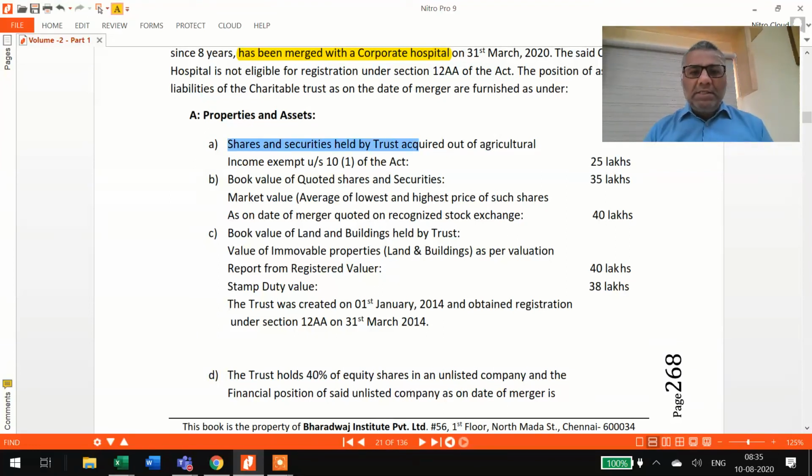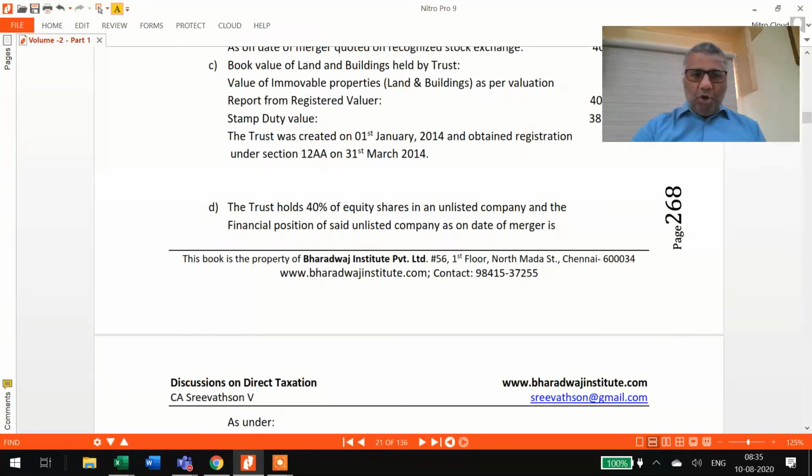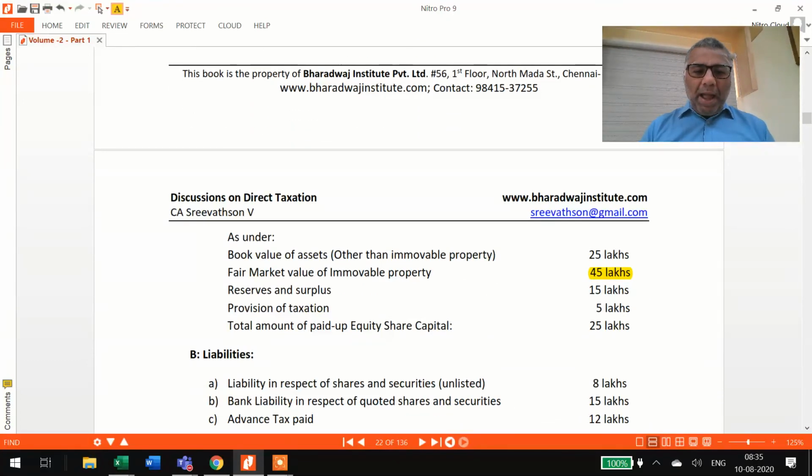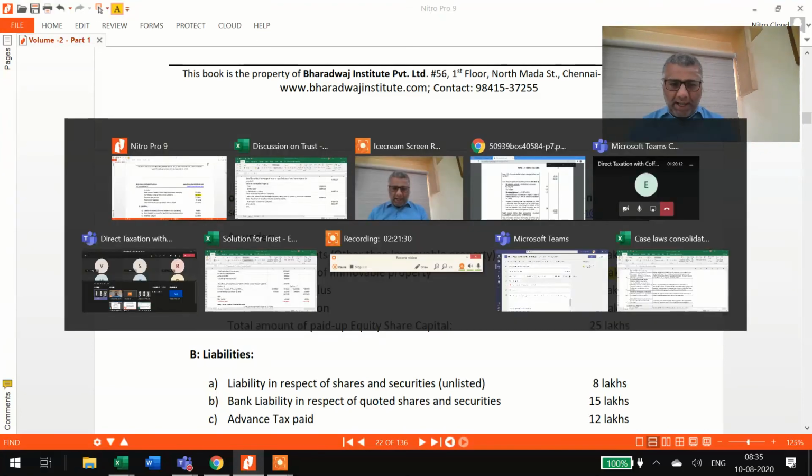Okay, so it will not be allowed as a deduction. Bank liability in respect of quoted shares, advance tax paid will also not be considered. Only bank liability, advance tax paid should not be considered here. It should be provision for tax.